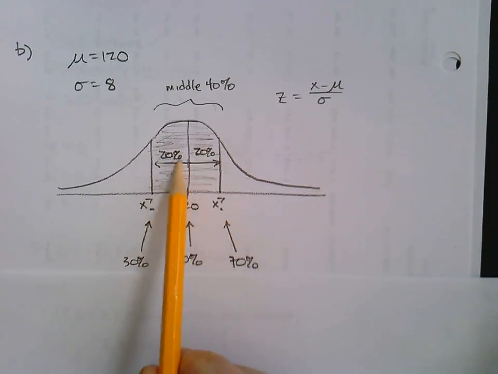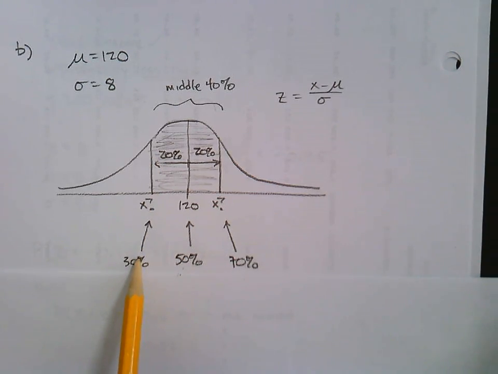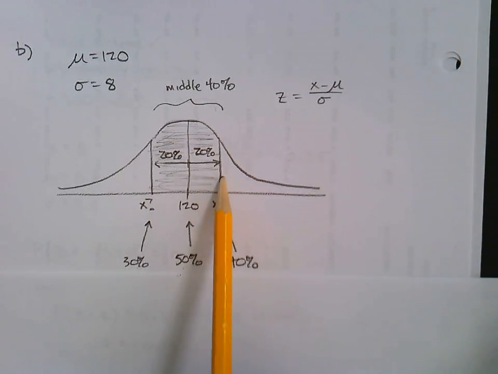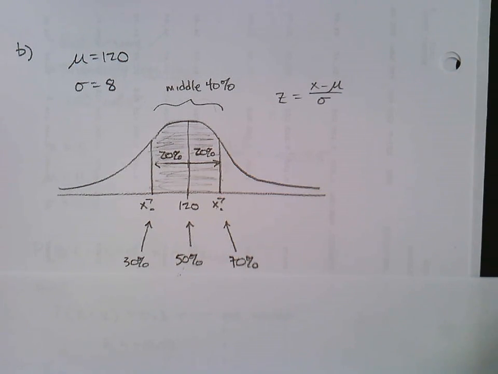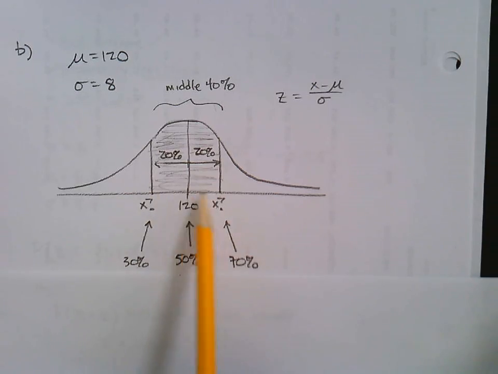So when I move here by 20%, well, now I know that 30% is below this number. And if I go up, I know 70% is below that number. Always thinking, how much is below, right? That's what my Z table does. So I've got my 50 in the middle, I move 20 this way, I move 20 that way.